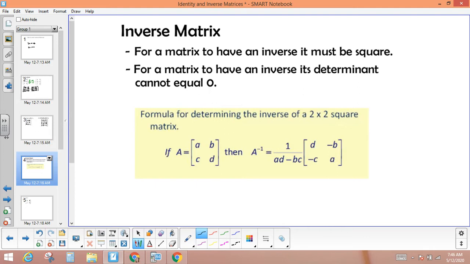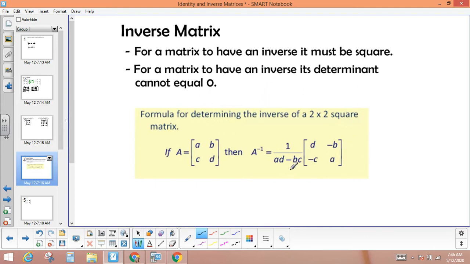But my point is, I'm going to show you how to do it without going through lots and lots of steps, which is the way that you would do it by hand for anything other than a 2 by 2. For a 2 by 2, we have a short little formula, which we're going to use. But for a 3 by 3 or bigger, I'll show you how your calculator will do it for you.